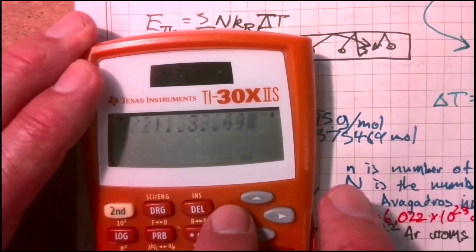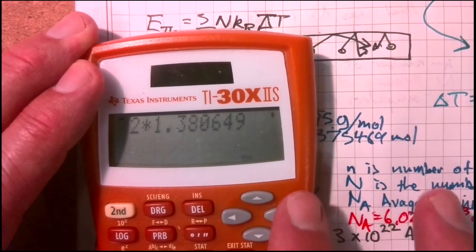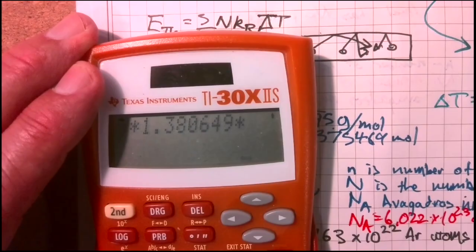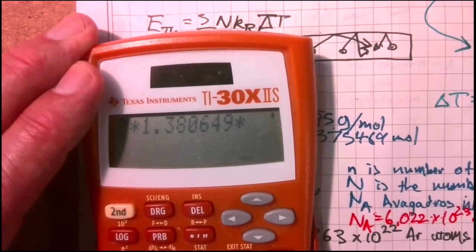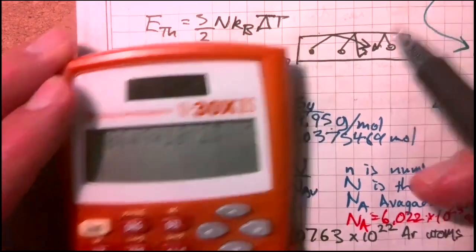Oh, and look what I did. Oh my goodness, I put an extra decimal there. Okay, 649 times 10 to the power of 23. Okay, what do I got here?